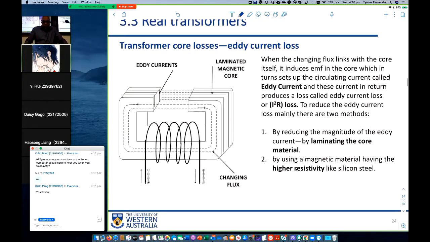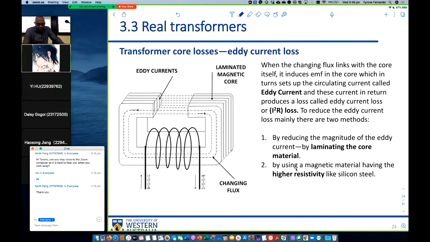All right. So transformer core losses, which are also called eddy current losses, are due to eddy currents that are flowing in the core. So when changing flux links with the core itself, it induces EMF in the core, which in turn sets up circulating currents called eddy currents.